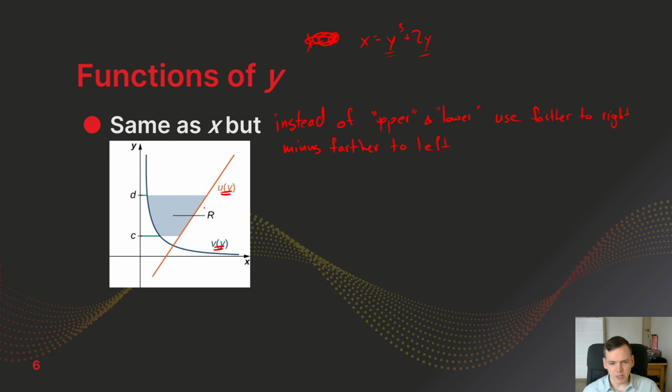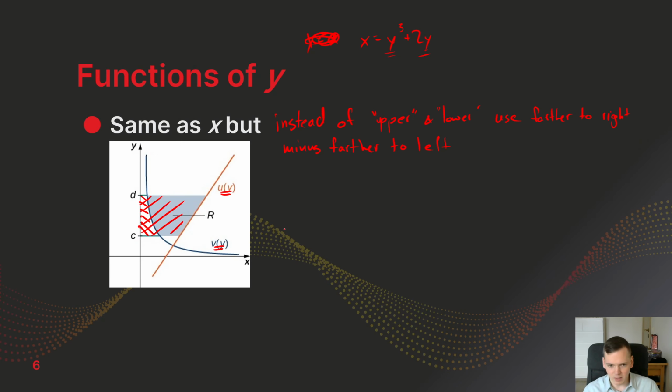And this is because if we integrate the u of y, we're going to get this whole area right here. Same as with x, it's just the area between the function and the y-axis. And then if we integrate v, we're going to get this area right here. And so subtracting the two leaves us that blue area.